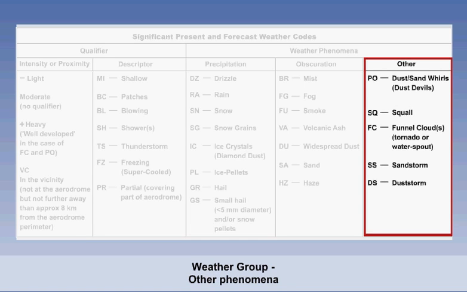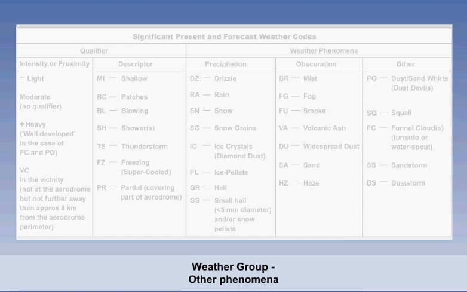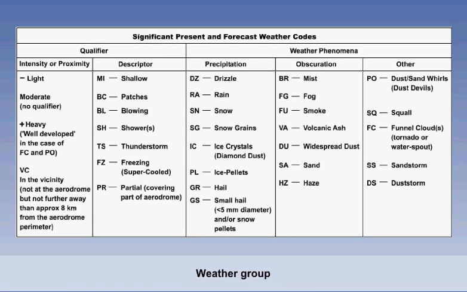The final column contains all other members of the weather phenomena which haven't already been included. This group mainly consists of more unusual events that are rarely reported, but which are very important nonetheless. This completes the whole table of the weather group of the METAR.